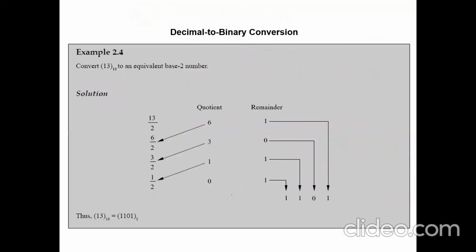Now, we want to convert the decimal number system to the binary number system. How can we do it? Suppose this is an example of 13. This is in base 10. We want to convert it into base 2. Because we want to convert it into base 2, we have to write 2 here.